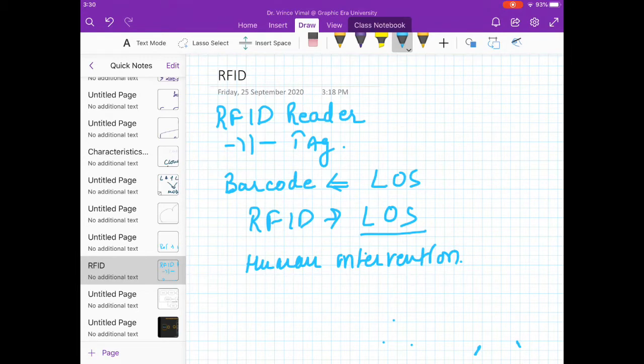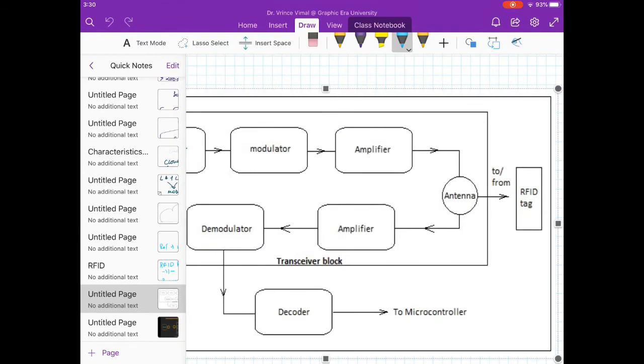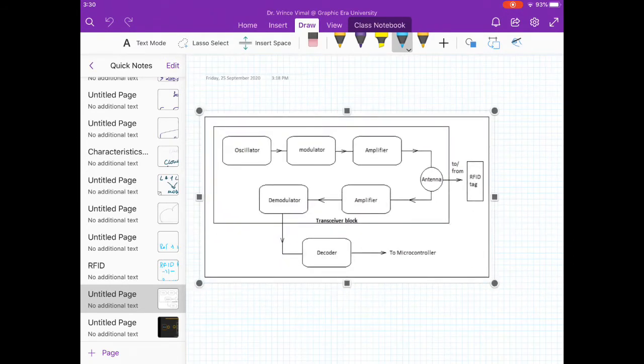Now I hope many of us remember how RFID basically operates. So first let us see what the block diagram of RFID has to say. As we know, RFID operates on the principle of electromagnetic waves. The system consists of an RFID reader and an RFID tag. The tag is normally small and portable with very little electronics in it.